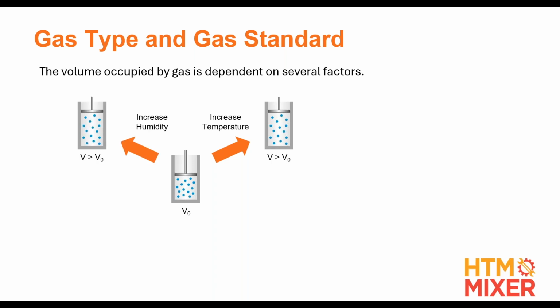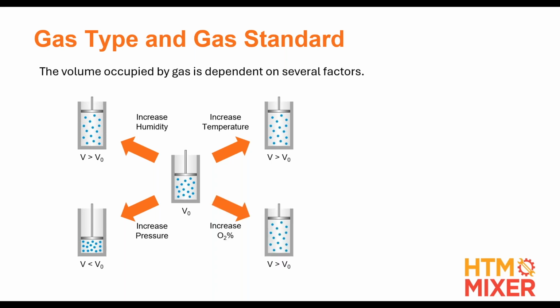Same way if we add humidity to this same gas, we start to take up more volume. So again, percentage of humidity, we know that it changes the volume by a certain amount. If we put that same gas under pressure, we can actually reduce its volume, okay? So those are all conditions.